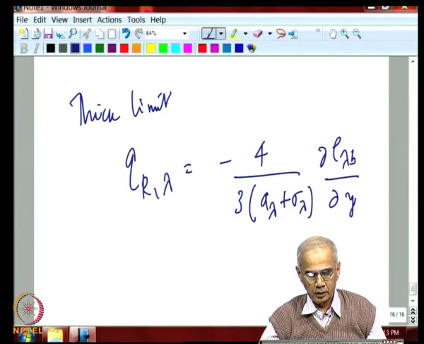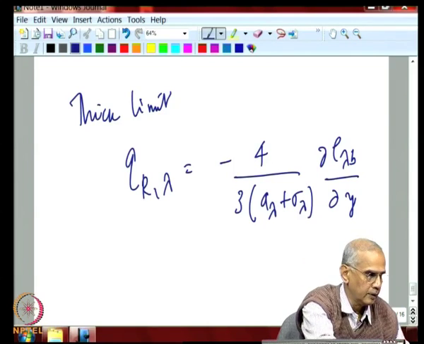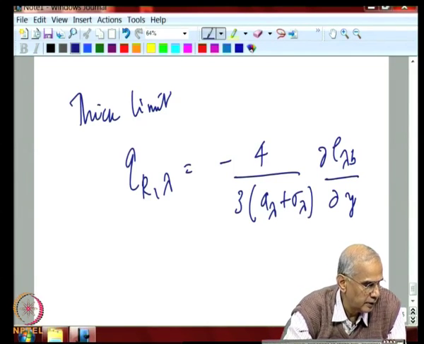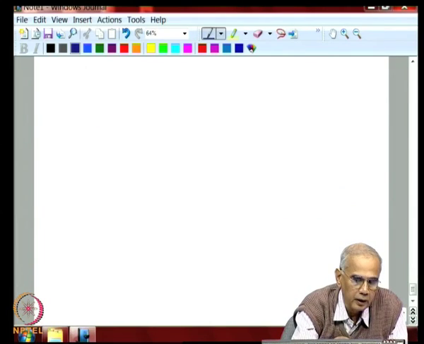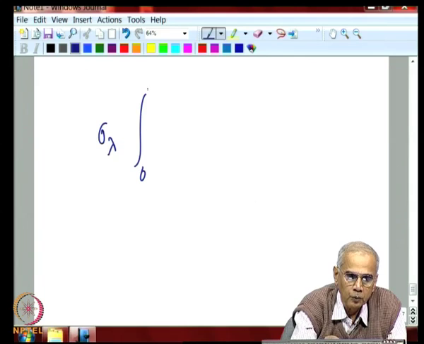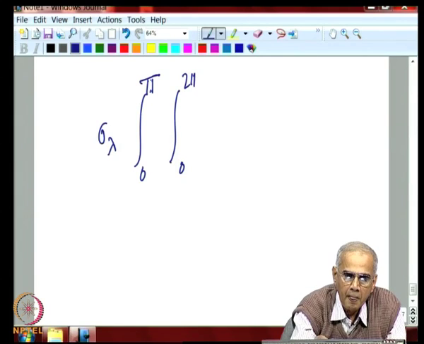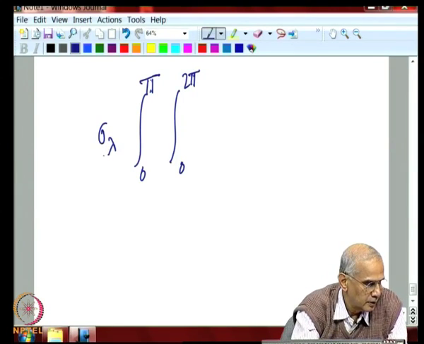Now, I can write a more complicated expression to explain what happens in the scattering medium. So, the last term which we wrote in a simple way as G lambda can actually be written as sigma lambda over 4 pi, integrated over two directions, 0 to pi and 0 to 2 pi, that is the azimuth angle and the other angle.